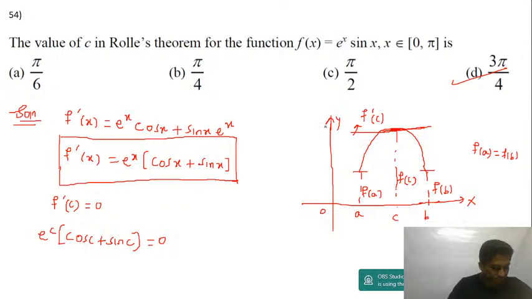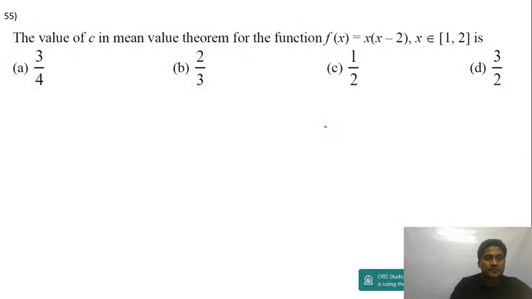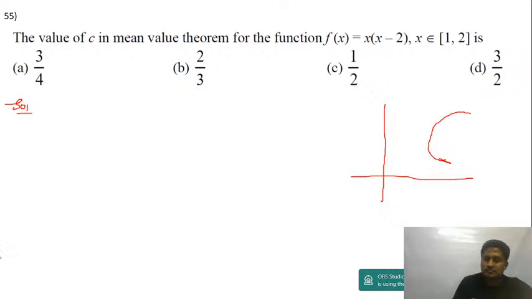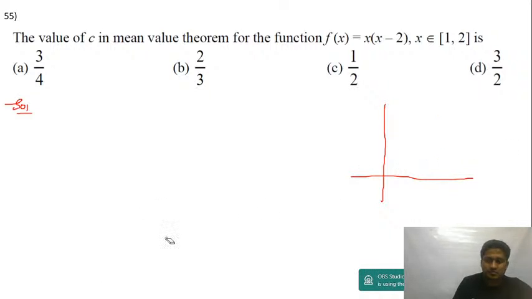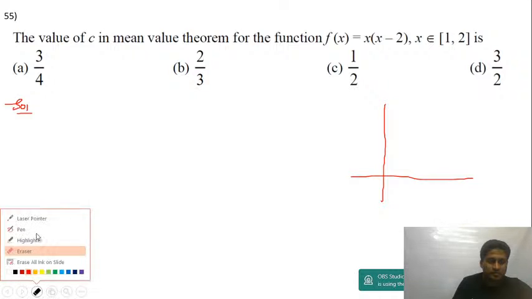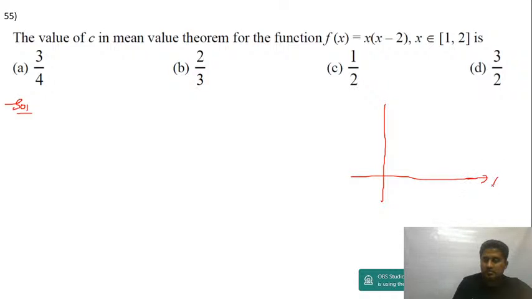Yes, guys, let's move to the next question. Verify the mean value theorem for this function. Okay, what is MVT, guys? What is the mean value theorem which you have done in board? Suppose you get a curve like this. This is x, this is y, and this is 0.